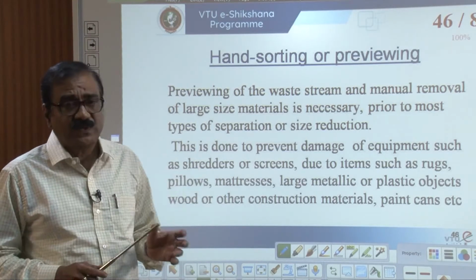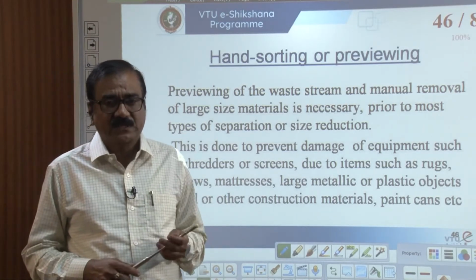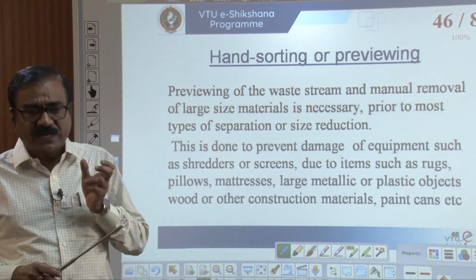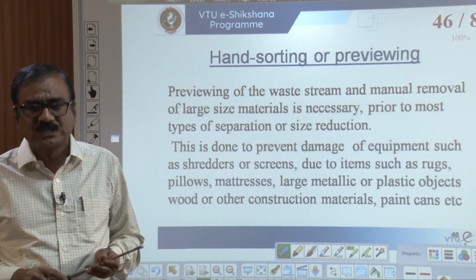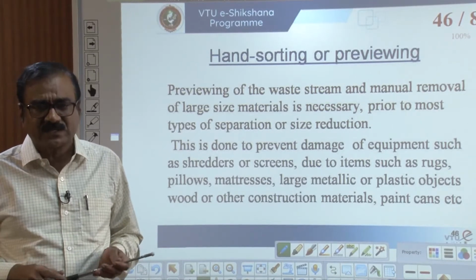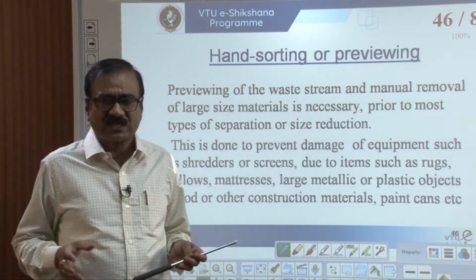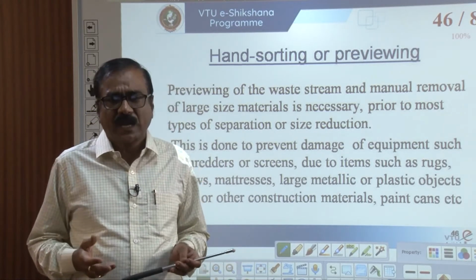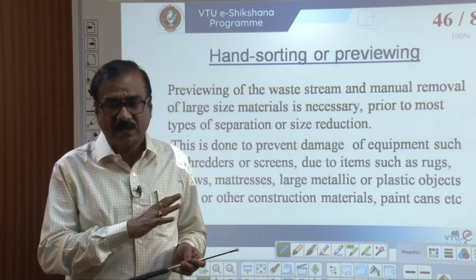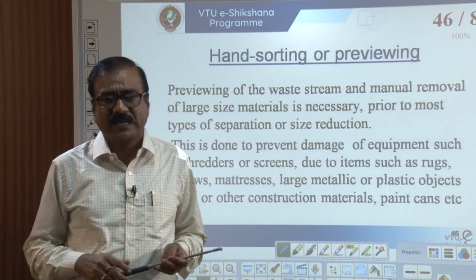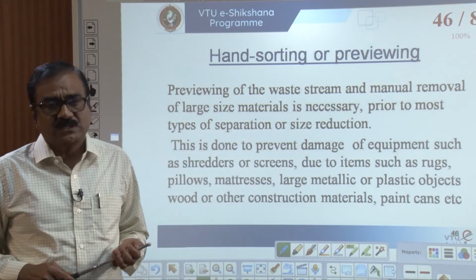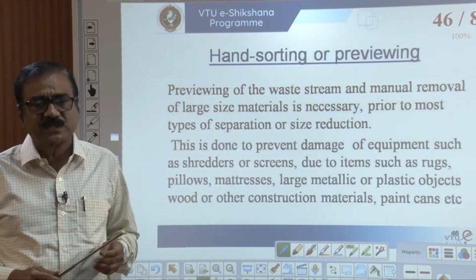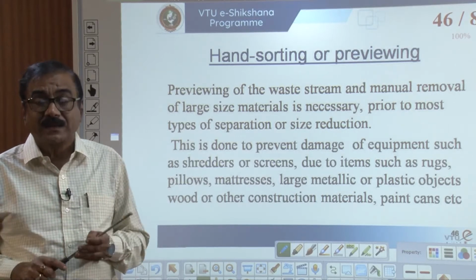Many times, if items like wood items, large metallic items, pillows, rugs, mattresses and some other construction materials, maybe paint cans, are not eliminated before applying some mechanical means of segregation, sorting or separation, there is always a possibility that the equipment may get damaged.